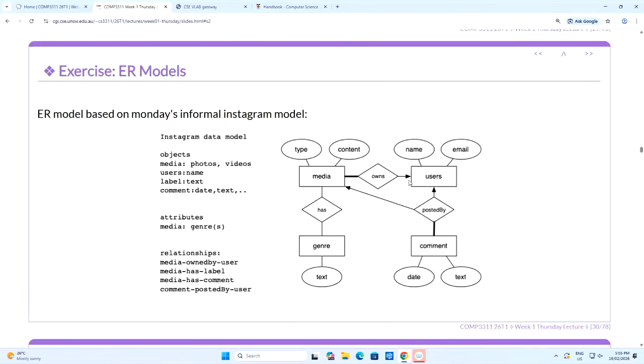So this is clearly kind of a bad example. We never create an ER diagram where we don't specify what the key is. So for users, the key should be the email, and for comment, it should have its own key, and for genre, it should have its own key, and in that way, every entity in the database has a unique identifier.